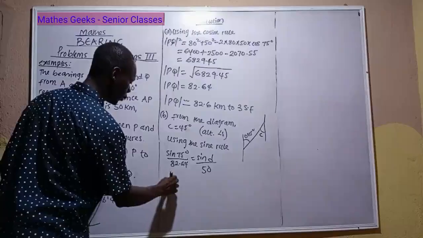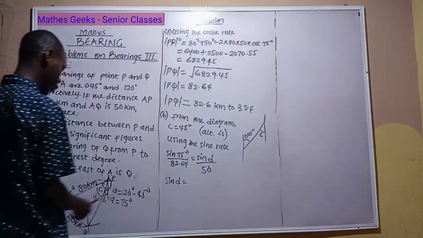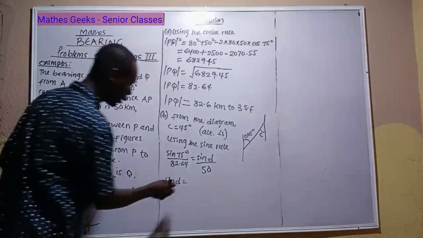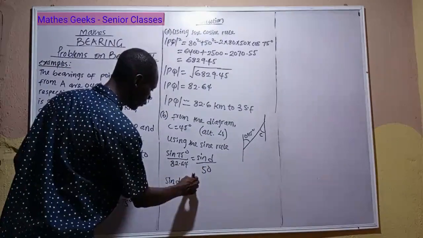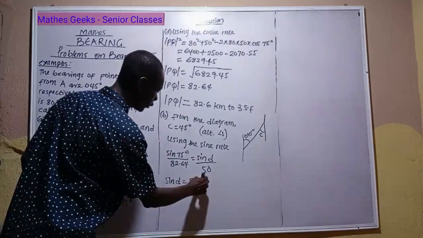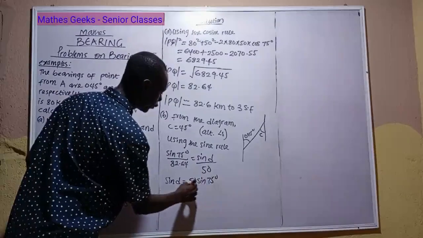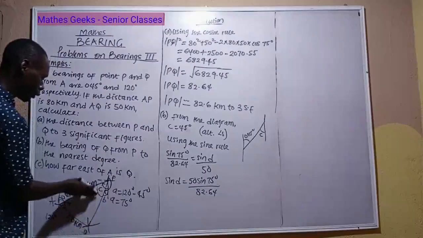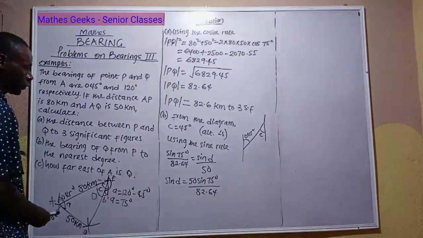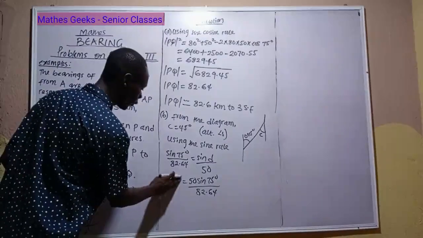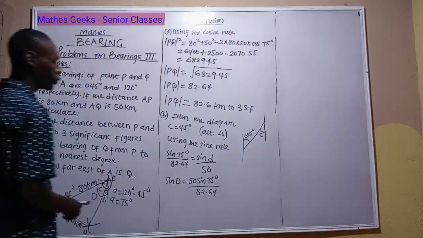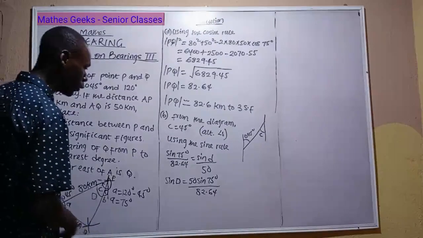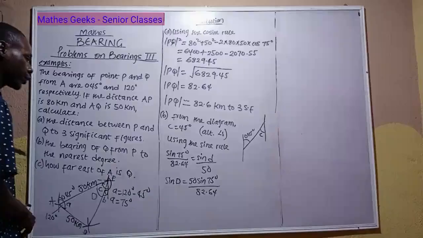So sine D is equal to 50 sine 75 degrees over 82.64. Whenever we represent the sine rule, we always use upper case letters to represent angles and lower case to represent sides.